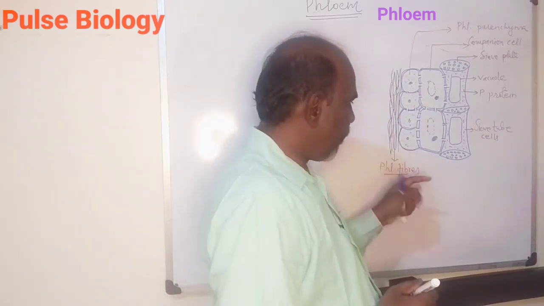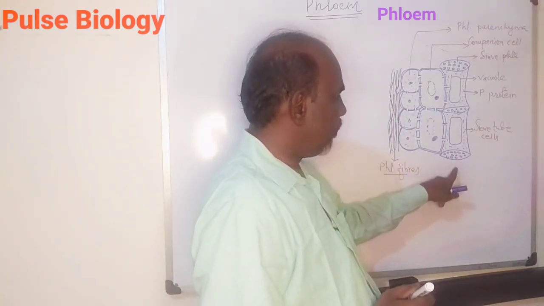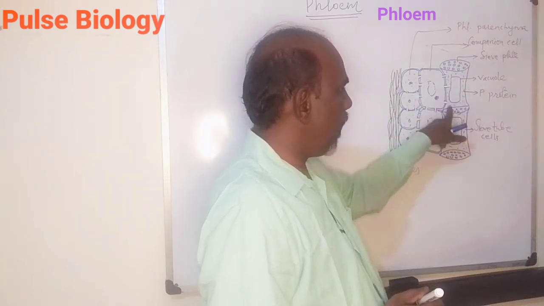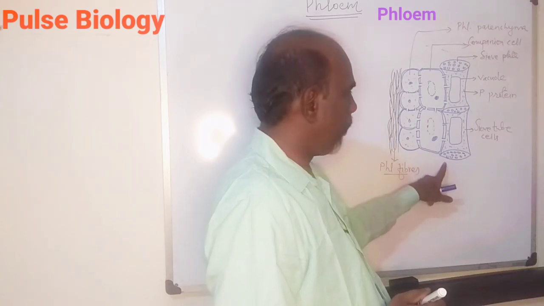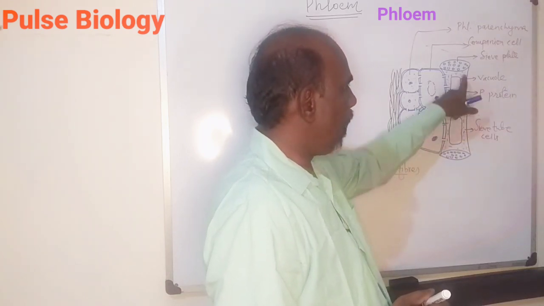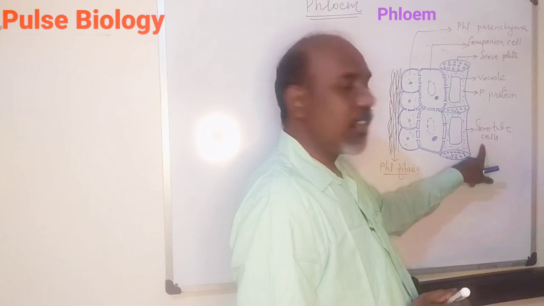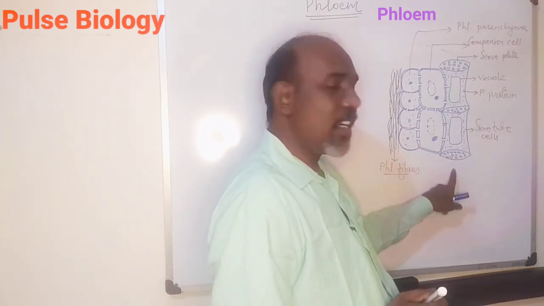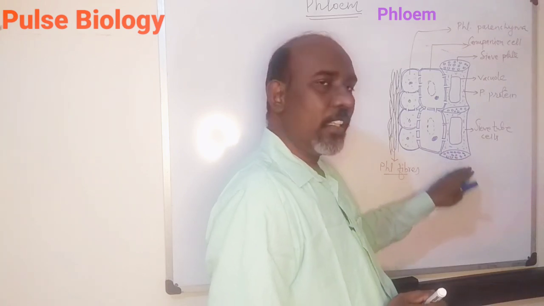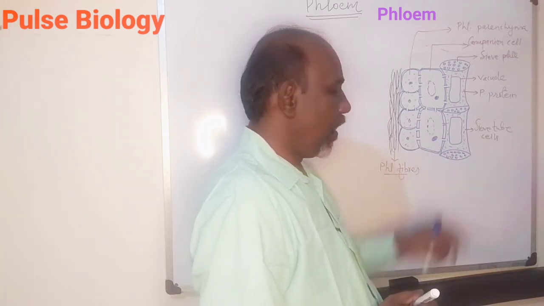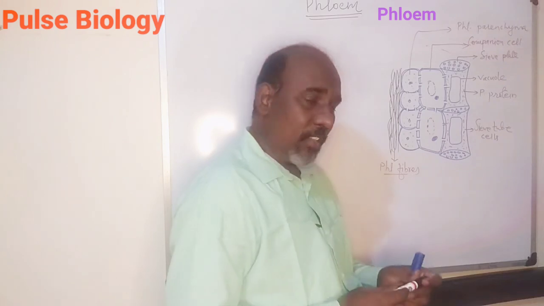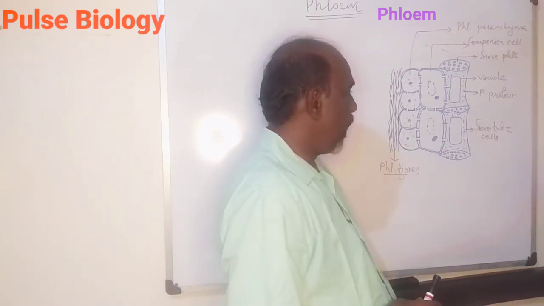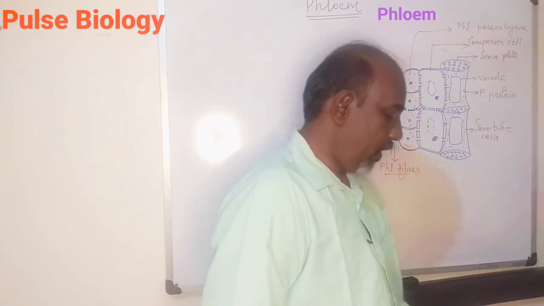So see students, the diagram I have already drawn. This is one cell, this is another cell. These cells are called sieve tube cells, which are the main conducting cells in phloem. The characteristic feature of this cell is that it does not have any nucleus.